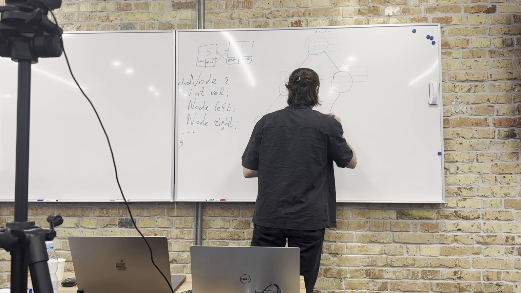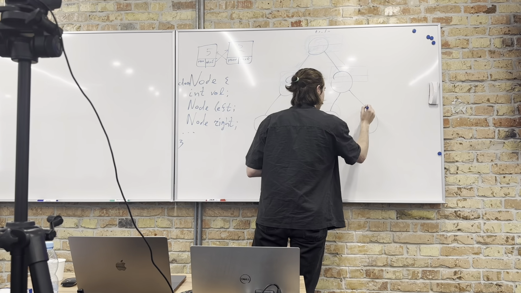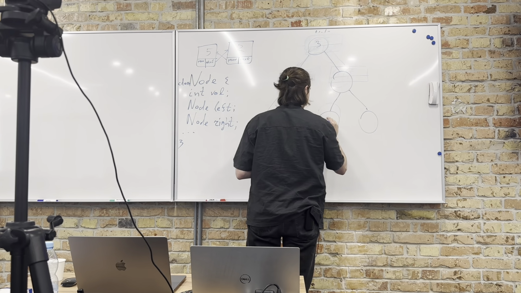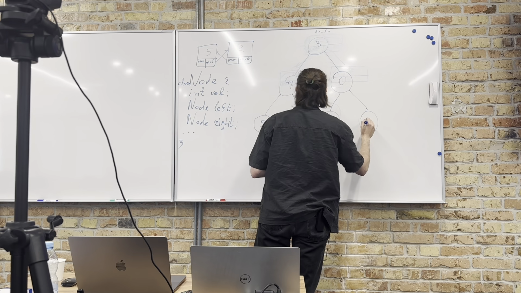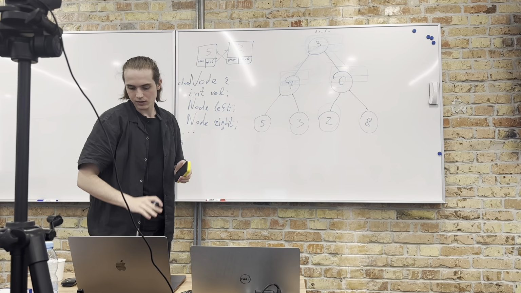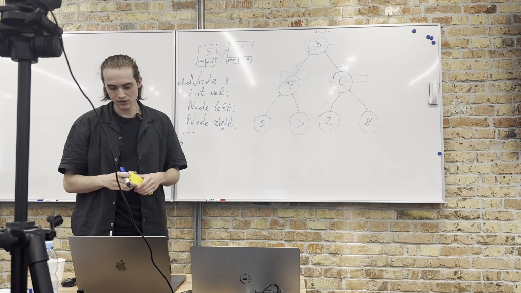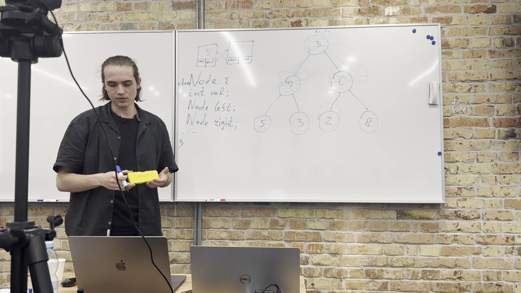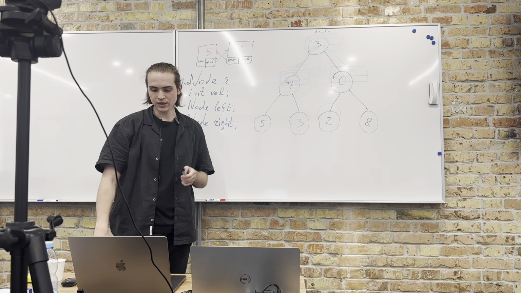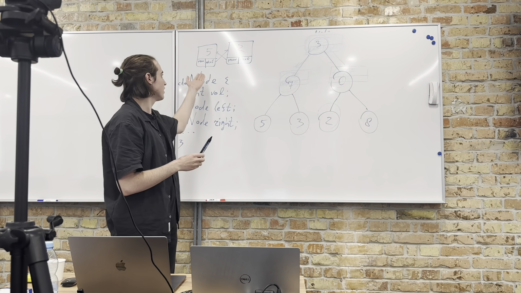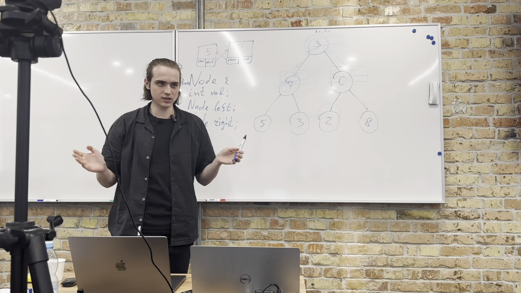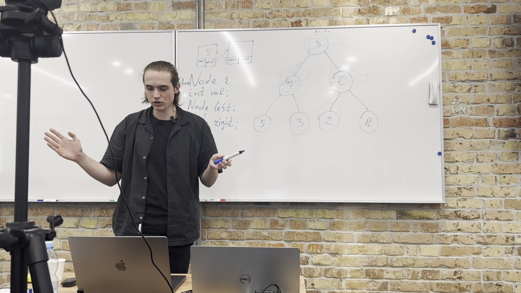For example, we have such a tree. In trees, we have such a thing as traversal of the tree, because in linear data structures, like linked list or an array, we don't need special techniques to traverse our data structure because it's linear.